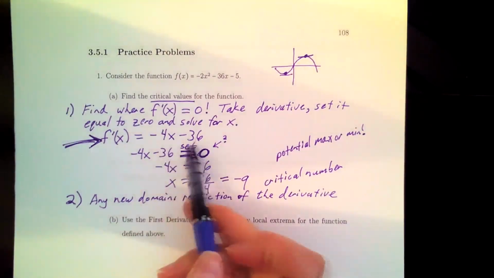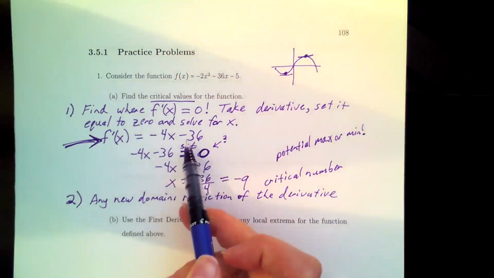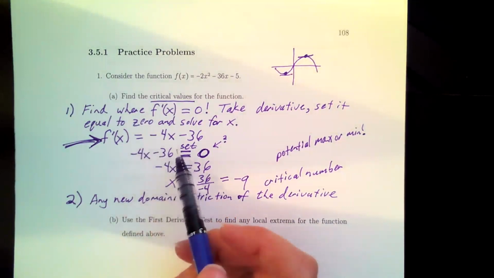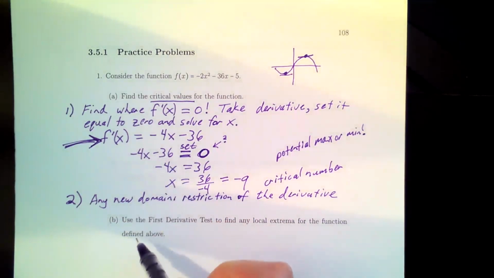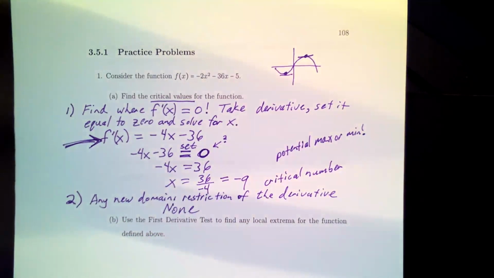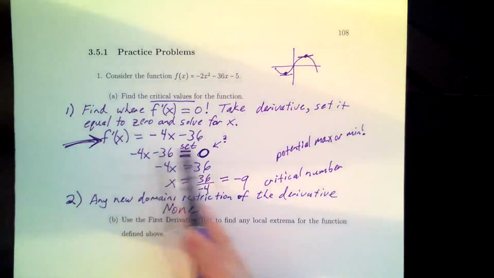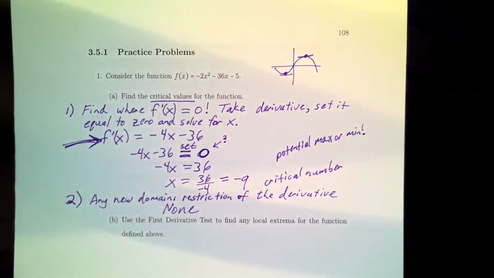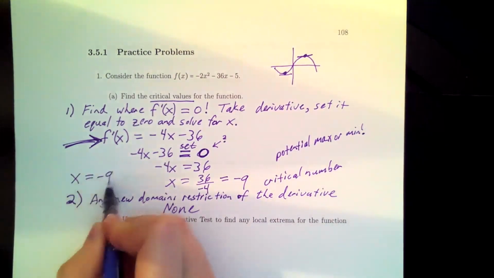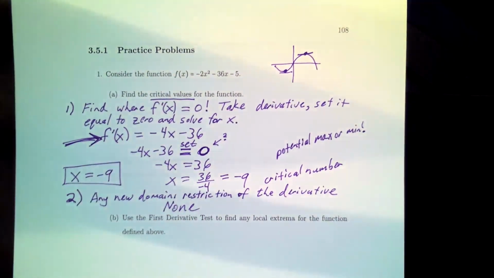This function doesn't have a denominator, so there's not any domain restrictions that I see. There's no square roots I have to worry about being negative. There's no fractions I have to worry about the bottom being 0. So my derivative function has no domain restrictions at all. So of course there aren't any new domain restrictions. So we're just going to note here that we don't get any other critical numbers besides the one that we already got by setting the derivative equal to 0. We have one critical number, one x value of interest, only one.